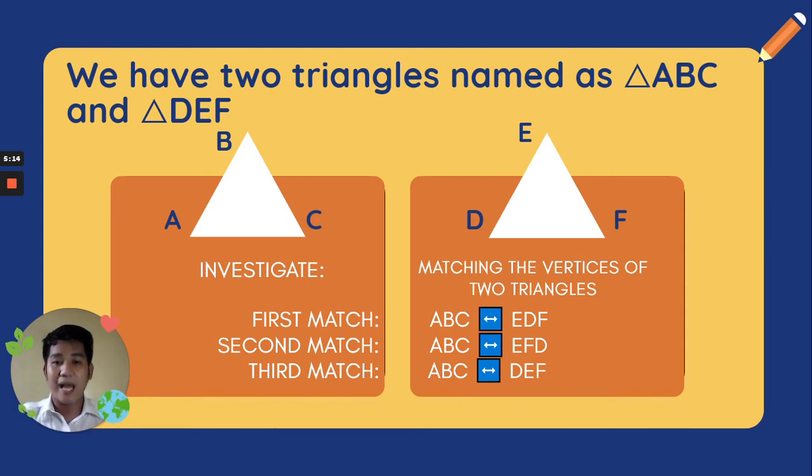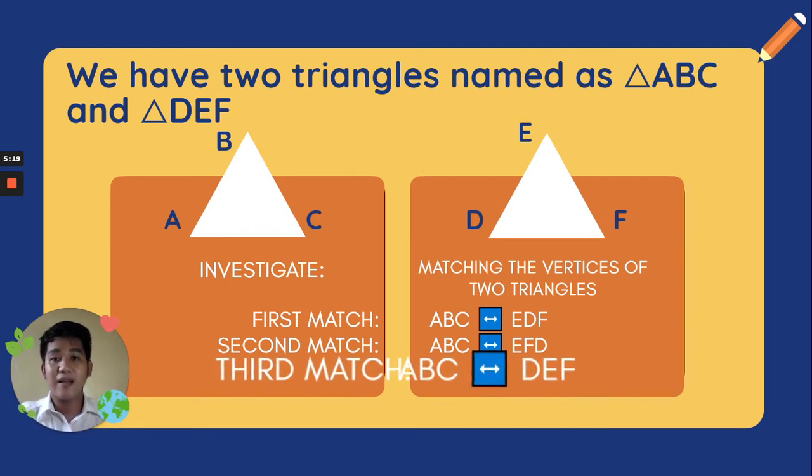So, this time, among these, the third match is the match wherein we can say these two triangles are congruent because the vertices are being paired correctly, and they are congruent, as you can see.